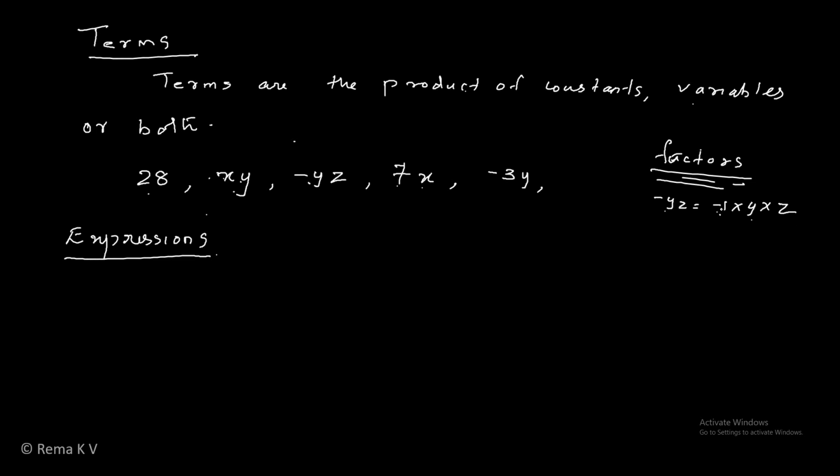So what are the factors of this 7x? Seven x is the product of 7 and x. So the factors of 7x are 7 and x.